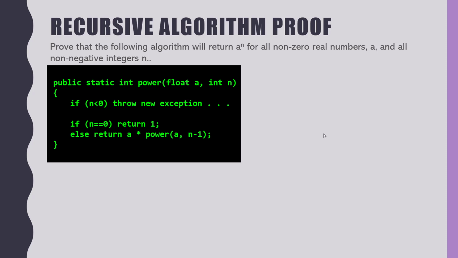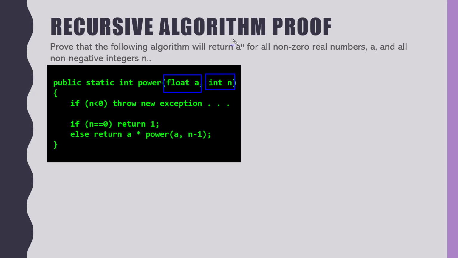and all non-negative integers n. And you can see that with the data types I chose here, right? Float a, and we're only allowing that to be non-zero, and then integer n, non-negative whole integers.